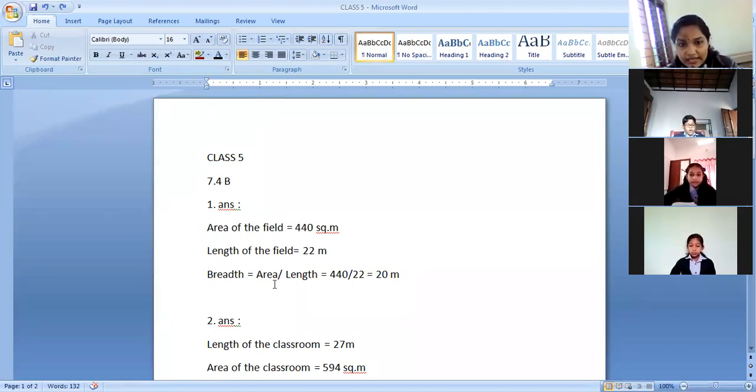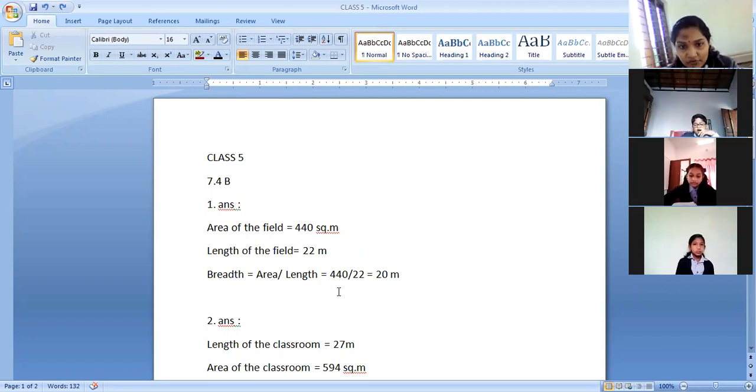Breadth. If we know the area and length, the equation to find the breadth is area divided by length. Okay, this is the equation. So write down the equation. After that, substitution.